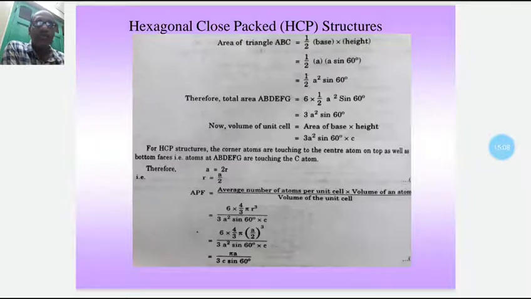The volume of an atom, as a hard sphere, is 4/3 pi r cube. And the volume of the unit cell we have calculated is 3a square sin 60 into c. Just replacing r equal to a by 2, we ultimately get the equation pi a by 3c sin 60.